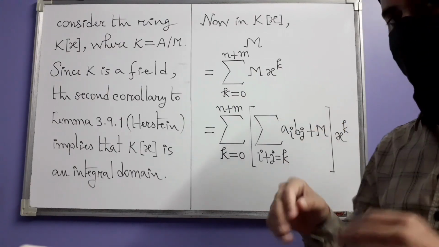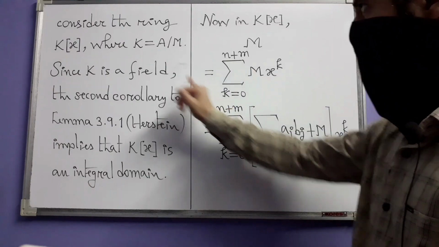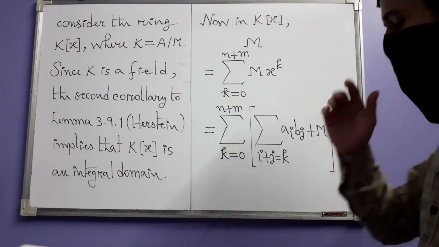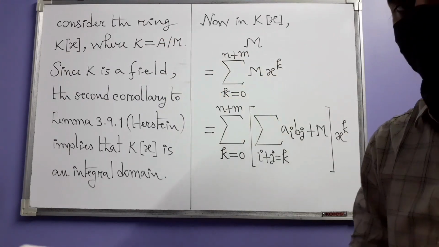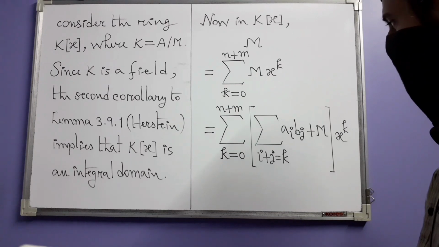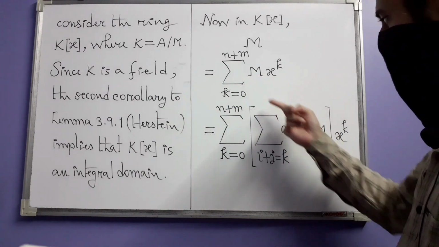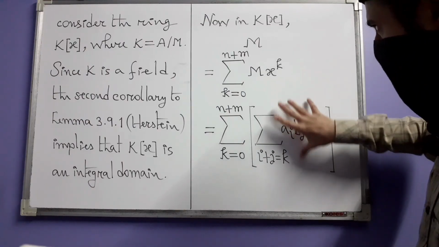General element means it's just an element in where? In K. Why? Because it's a coset of the ideal M. This is how elements in K look like. Alright, but what is going on? Can we just suddenly replace M with this? Actually we can, but why? Is it equal to M?